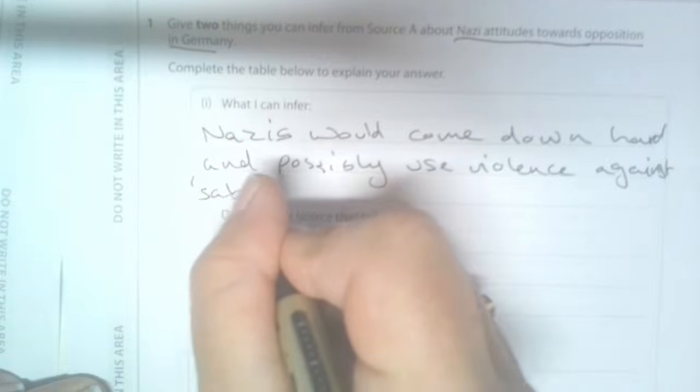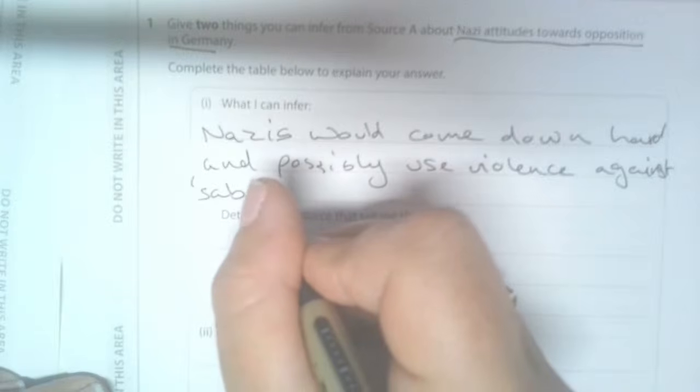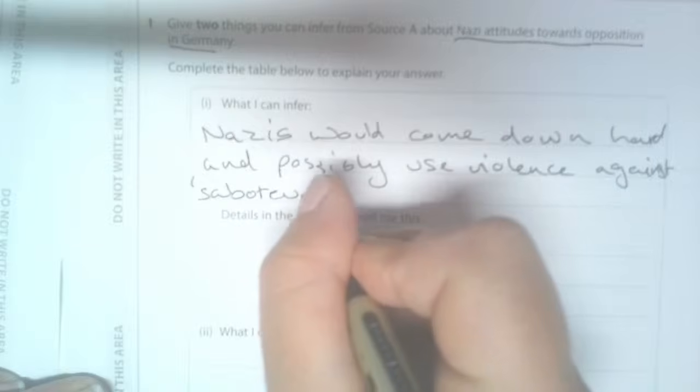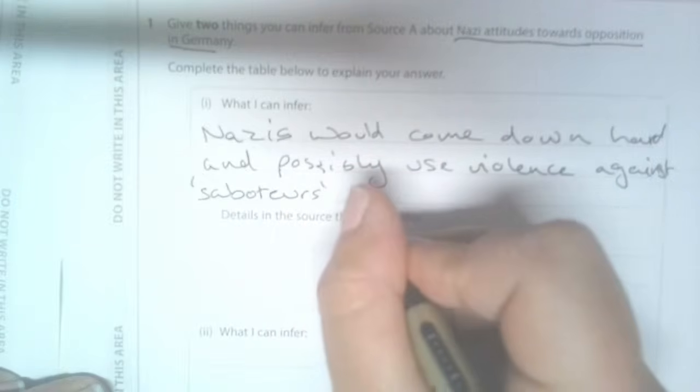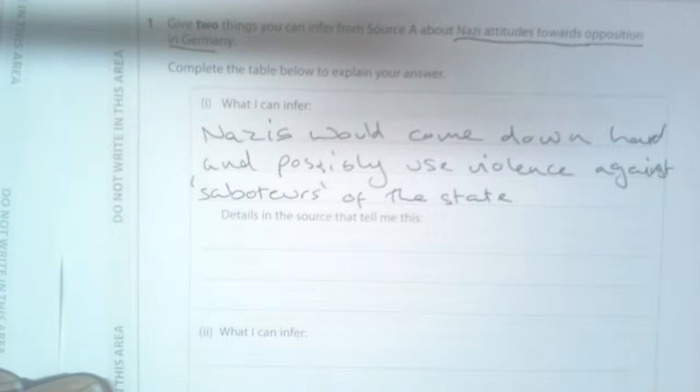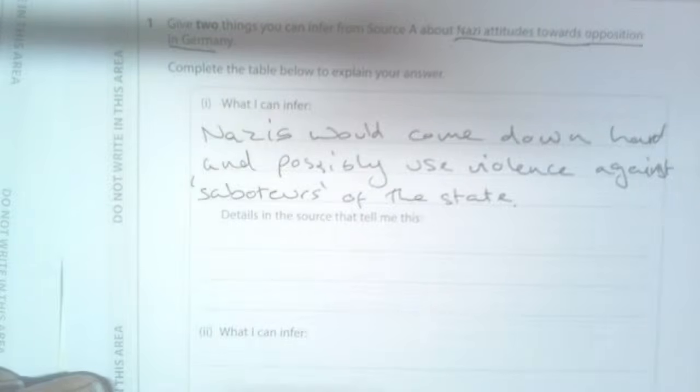I'm going to put that in. I've got to remember how to spell saboteurs. I think it's EUR. I've put that in apostrophes because I don't agree that they're saboteurs, but there we are.